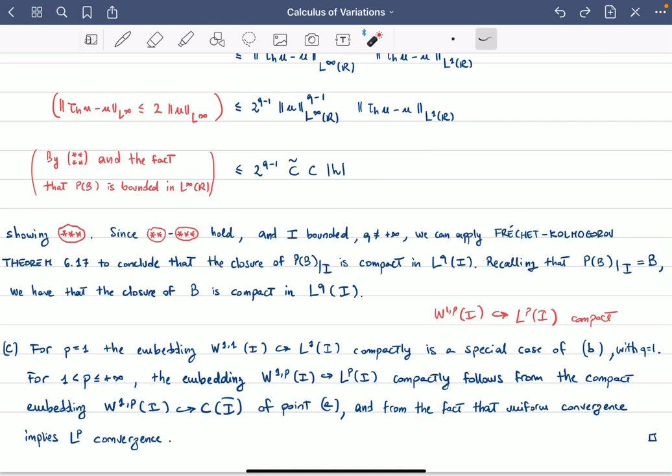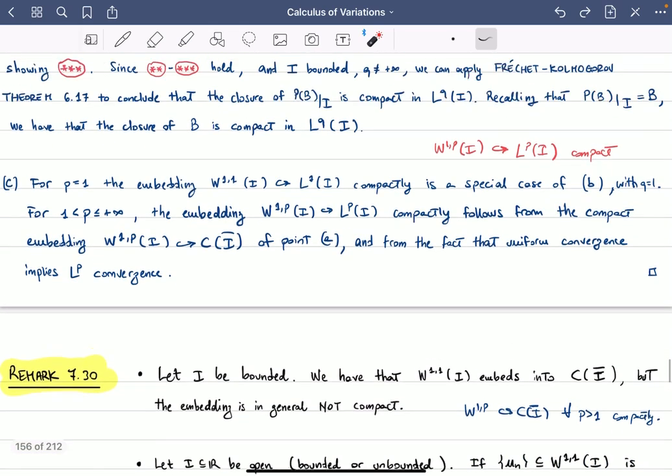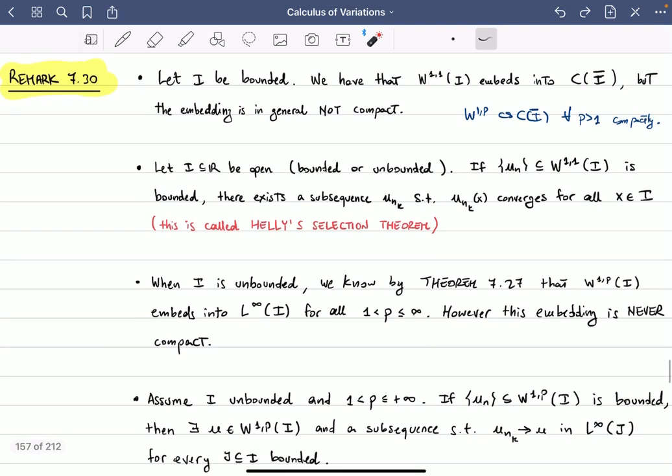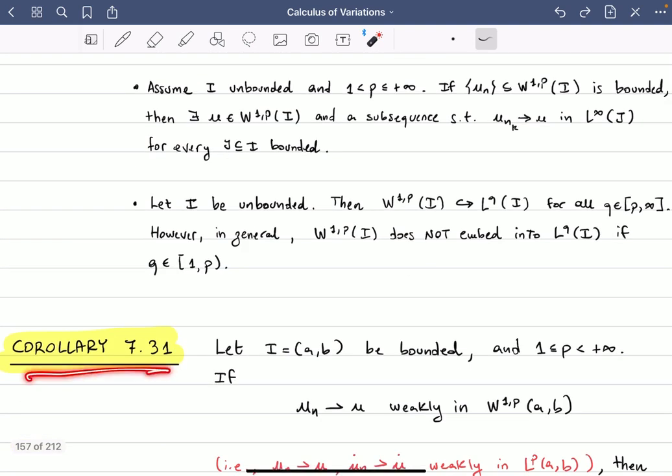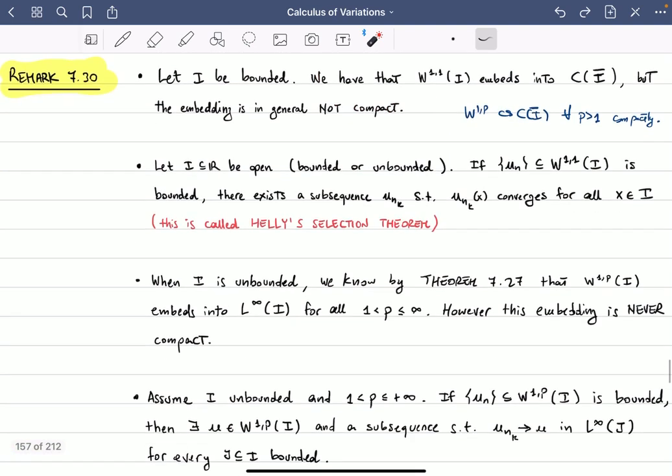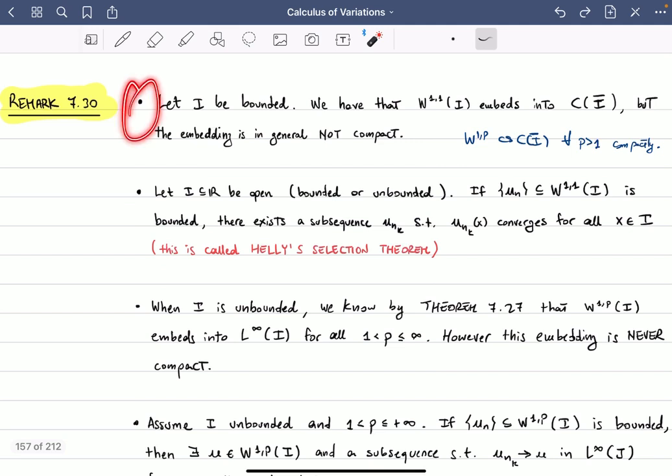Okay, in the few minutes we have left, we look at one remark covering the cases we didn't see in the Sobolev embedding theorem we just proved, and also a corollary of the Sobolev embedding theorem. So first remark: we proved that W1P embeds compactly in the continuous functions for every P strictly larger than 1.